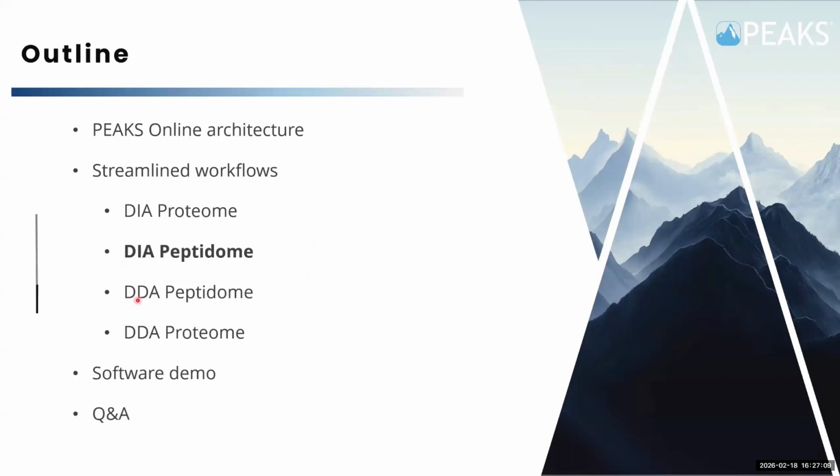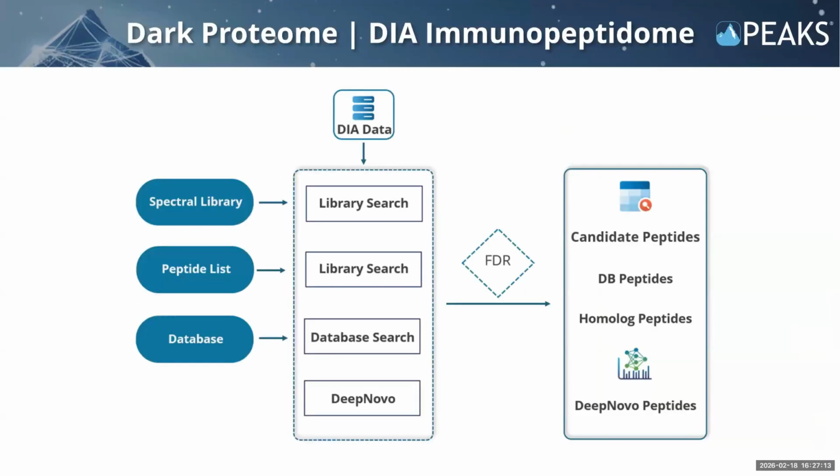So next I'm going to talk about DIA Peptidome and the new improvements to that. DIA De Novo Peptidome has specifically been optimized for both accuracy and speed, and we now support a user-defined candidate list in the form of a spectral library or a peptide list containing peptides expected to be found in the samples.